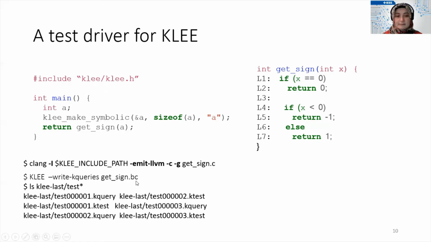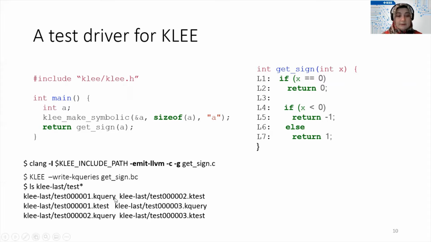getSign.bc. BC stands for bitcode. And then I can pass this bitcode to KLEE. Of course, if you also provide the right options, then it will generate these test cases. As you see, we have some files generated under the klee-last directory. And we have here 3 tests generated as we discussed.